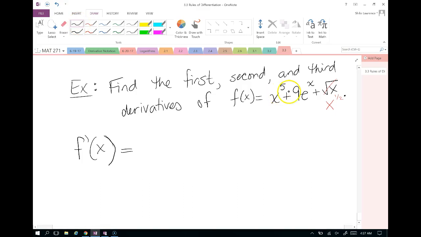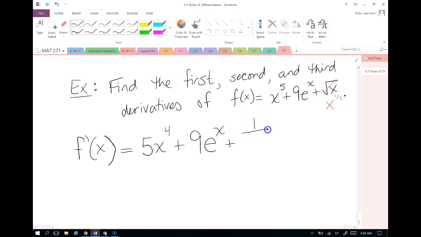So we're going to go through and do the derivative rules on each of our three terms. The more and more you practice this, the faster these will go. The derivative for x to the fifth is 5x to the fourth. The derivative for 9e to the x is 9e to the x. The derivative for x to the 1/2, we've done this a couple times now. Old exponent comes out, subtract 1 for the new exponent.